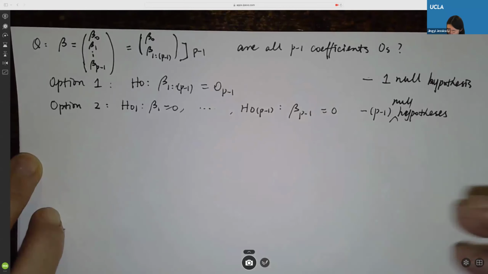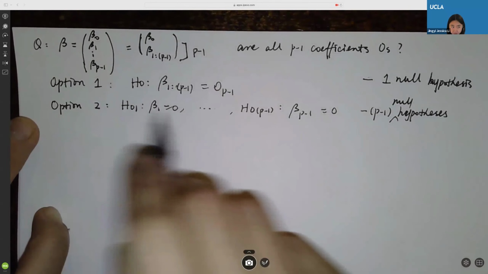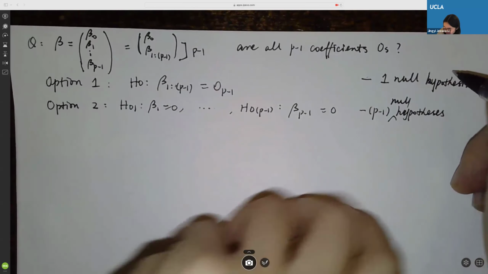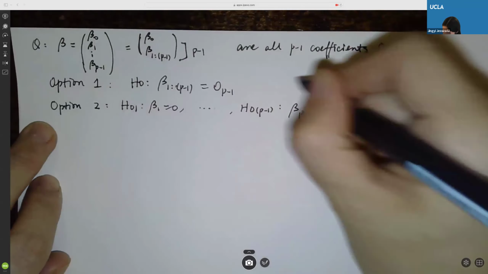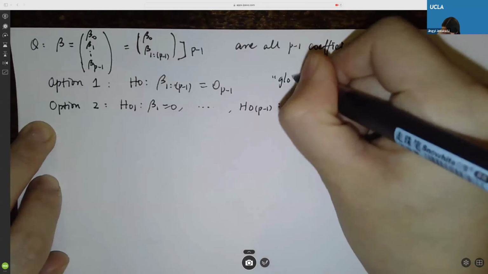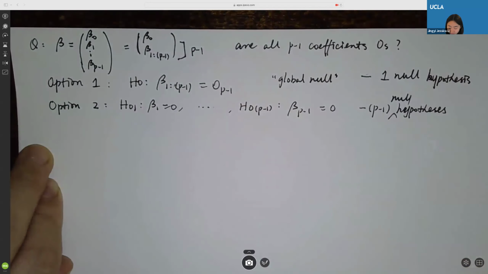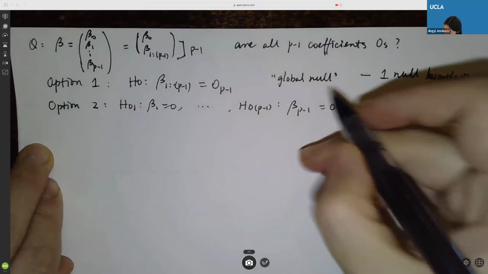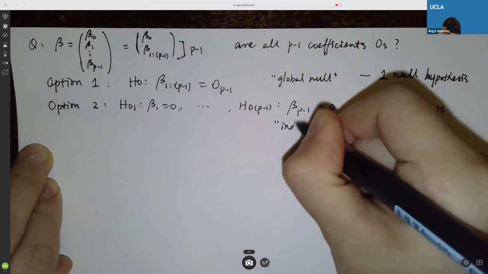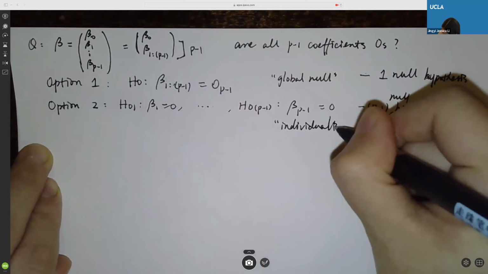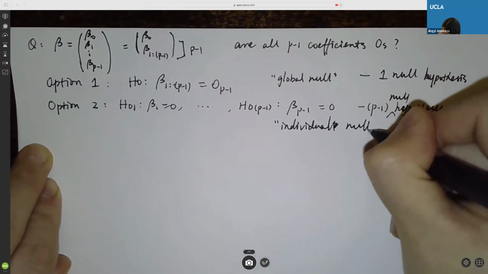Statistically, we actually give these two strategies different names. The one null hypothesis approach is often called the global null, which means that we specify all coefficients to be 0, while the bottom one is often called the individual null.